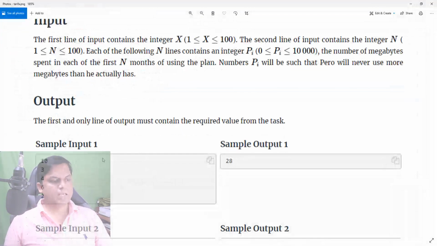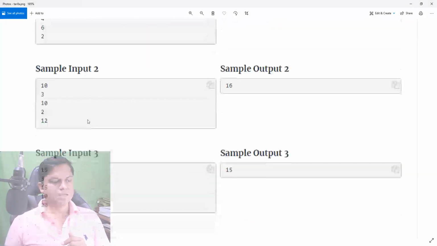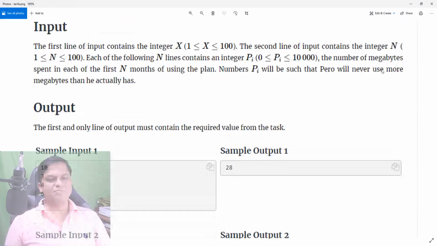Okay, then mark one thing here: based on this second input, which is 3 now, we have 3 different inputs, right? In each case we have 3 different inputs. As per the question, the second line of input contains the integer n. Each of the following n lines, okay, means based on this n we will get that number of inputs, right? So n lines we will get.